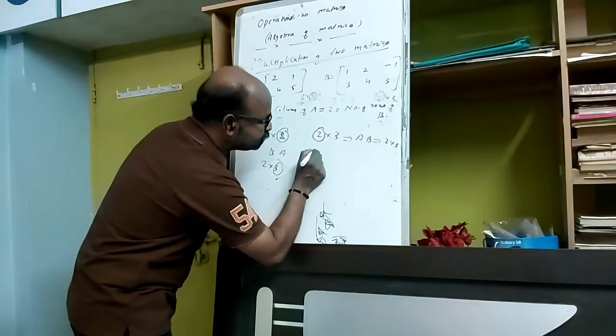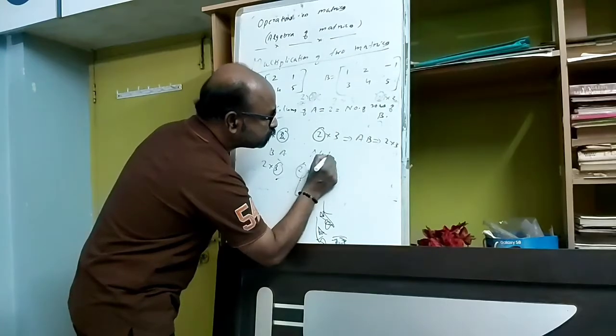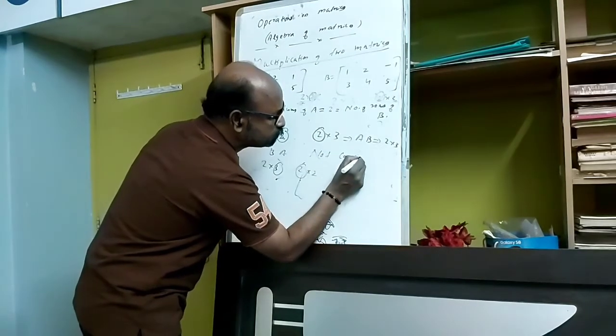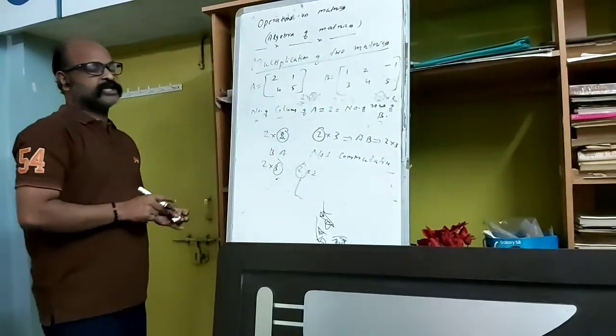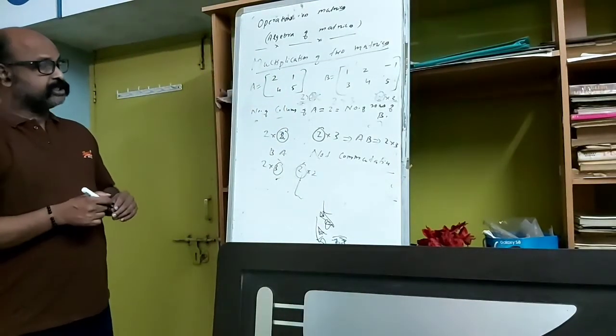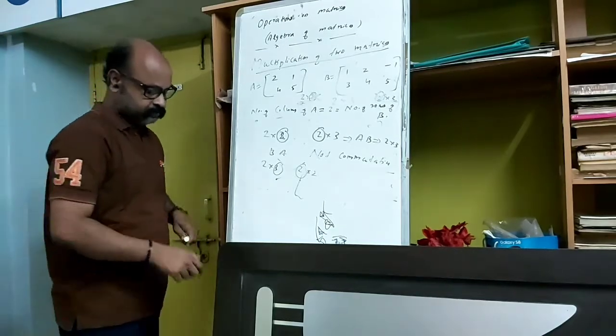In general, we say AB is not equal to BA. What does it mean? Multiplication of matrices is not commutative.